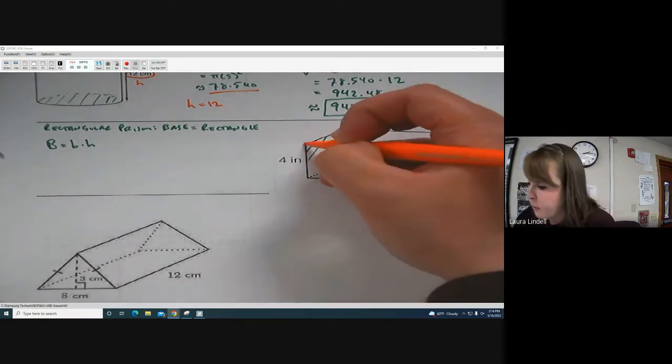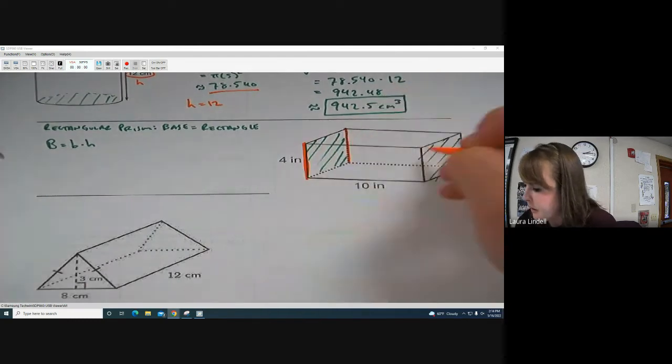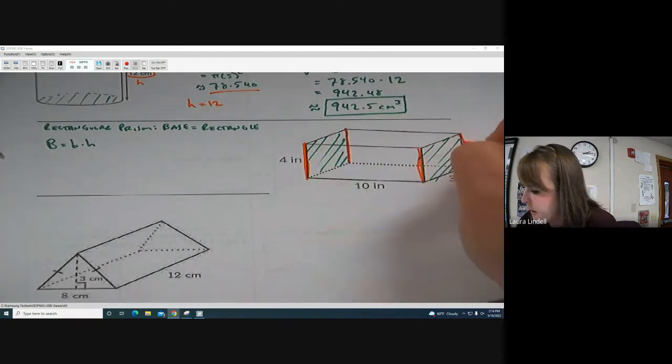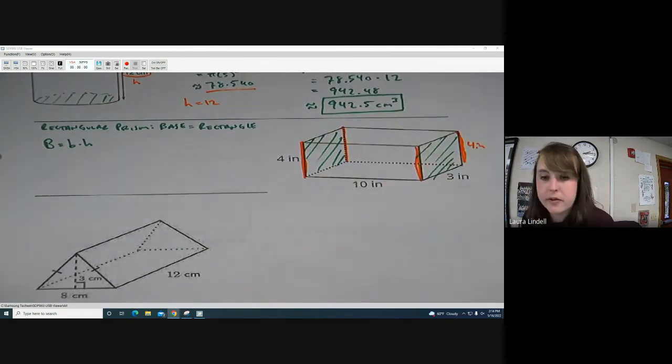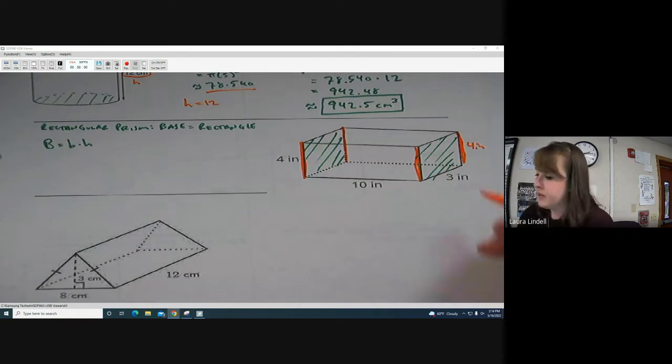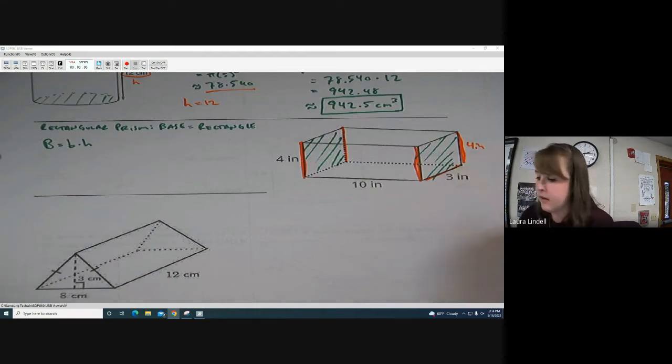Like this one, 4 inches represents this. It also represents this side and this side and this side. So I could move 4 inches over to any of those, which helps a lot because 3 inches down here, if I do 3 times 4, that would be my base times height.